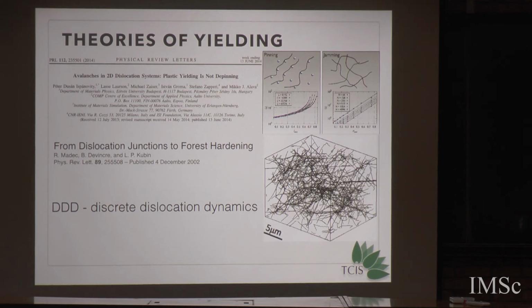And here the idea is that it is not depinning of dislocations, but unjamming. So dislocations were jammed, and at some stress, dislocations become unjammed. Okay, so there is some kind of a critical transition which happens at a certain high value of the stress. But that again brings us back to this question of density of dislocations, etc.